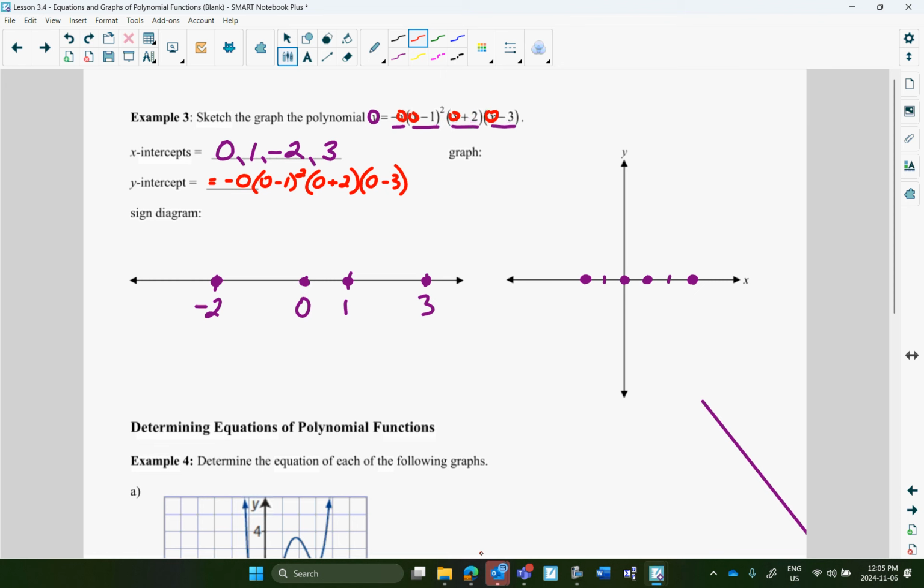Right? It's 0. Because it doesn't matter what all these are, they're getting multiplied by 0, and then you put a negative in front of 0, it's still 0. So that means, well, this point serves two purposes. It's the x-intercept and the y-intercept.